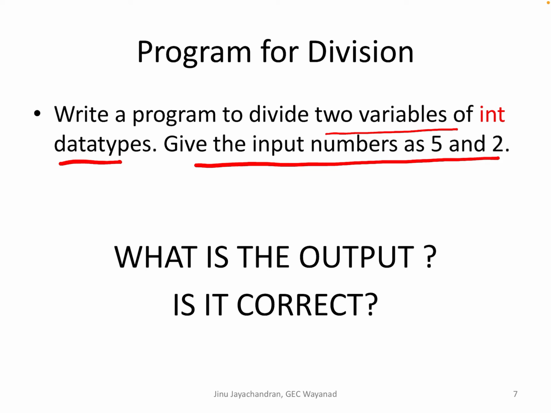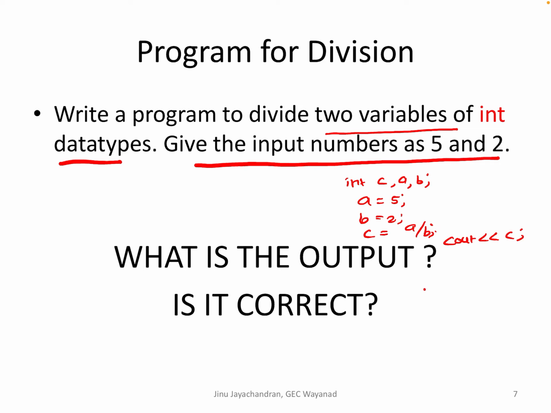So you see that int C, A, B. You say A is equal to 5, B is equal to 2, and say C is equal to A by B, and you say cout C. What is the output?